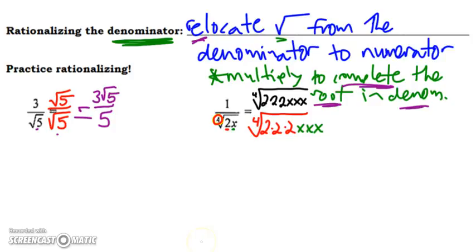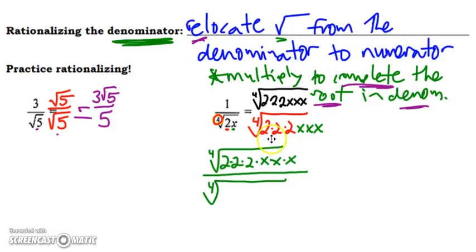Again, you might be able to shortcut some of this work. So what this looks like written out, I have 3 2's on top and 3 x's in the numerator. In the denominator now, I have to multiply both of these together, so I have 4 2's and 1, 2, 3, 4 x's.